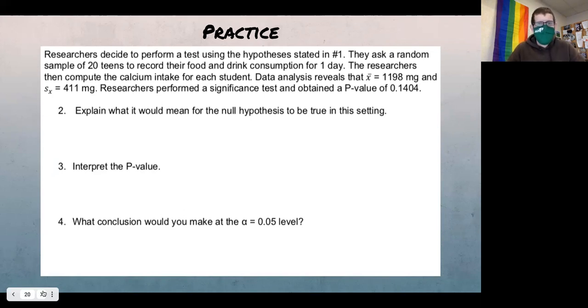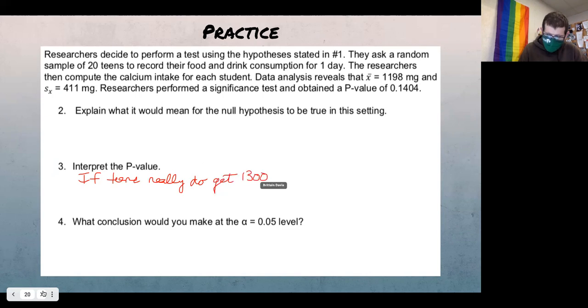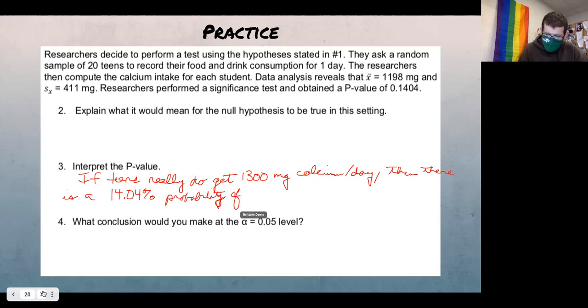It means if teens really do get 1,300 milligrams of calcium per day, then there is a 14.04% chance or probability of obtaining this sample result by random chance alone.